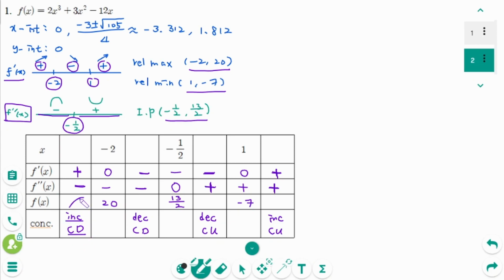That means if you can imagine this part, think concavity part first, then increasing. Then this one is concave down and decreasing part. So it looks like this. And concave up, then decreasing. This one. Then concave up, increasing. This part.